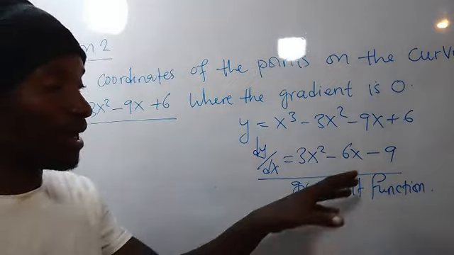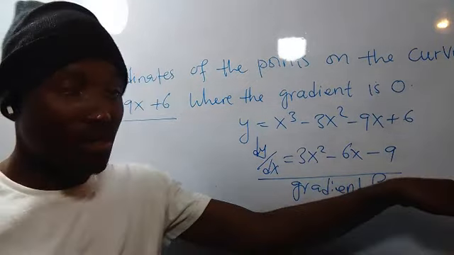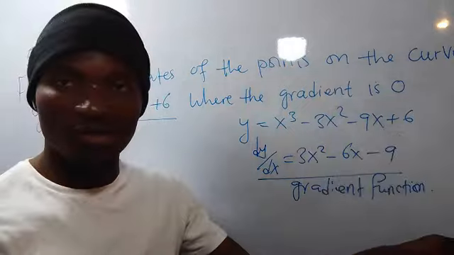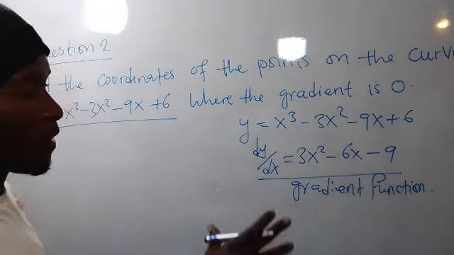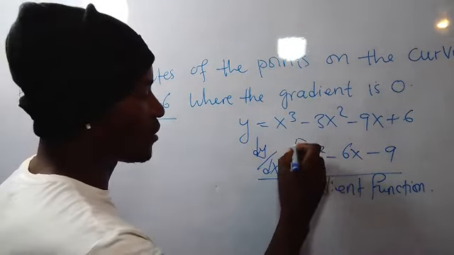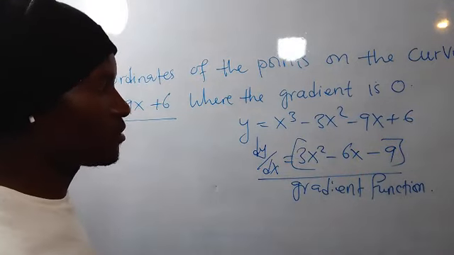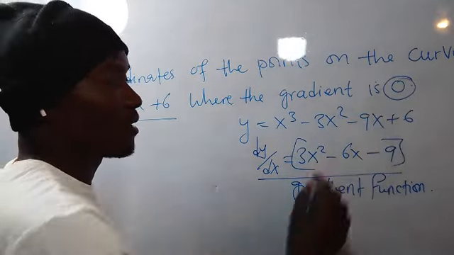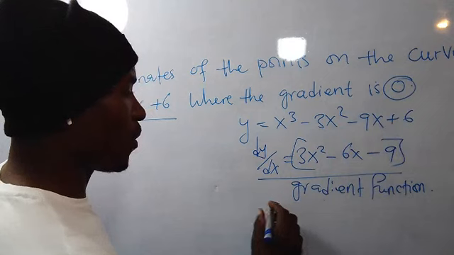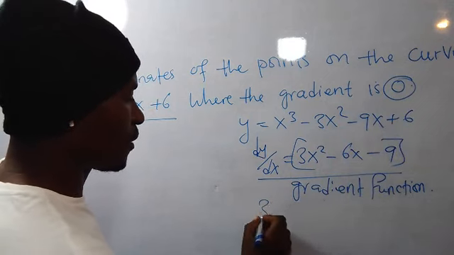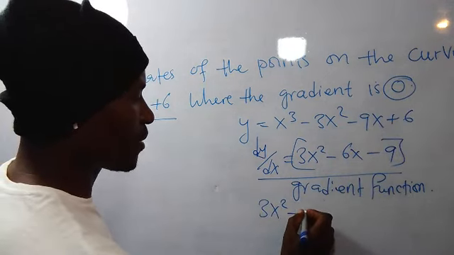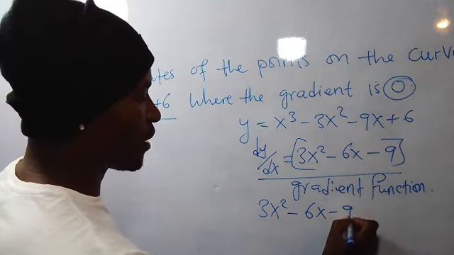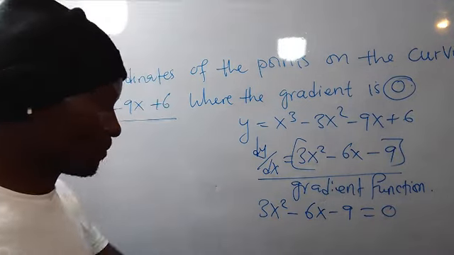So we are not actually finding the actual gradient, they have actually given us the gradient, which is 0, okay? So what we're going to do is we're going to equate this value to 0. So since they're saying that the gradient is 0, we're going to say 3x squared minus 6x minus 9 equals to 0.